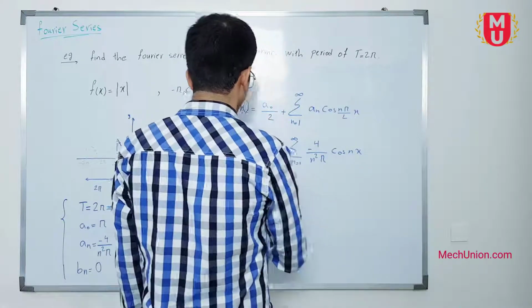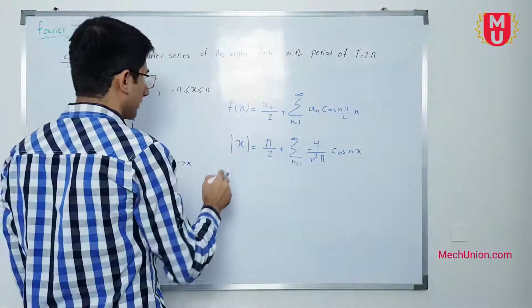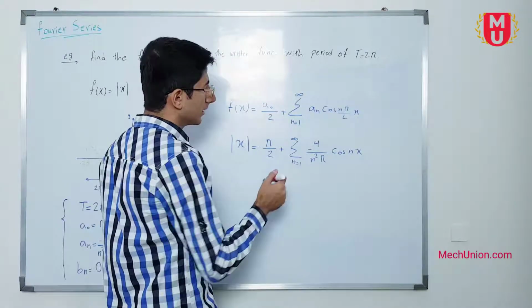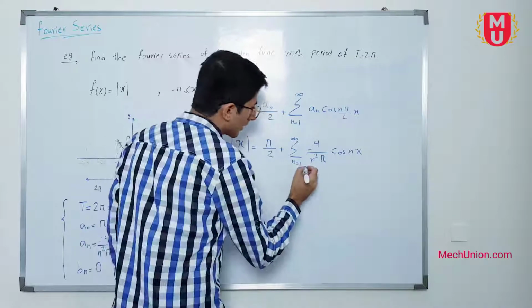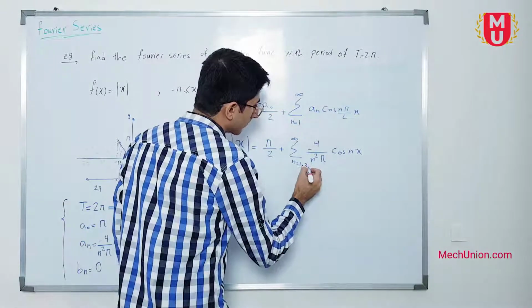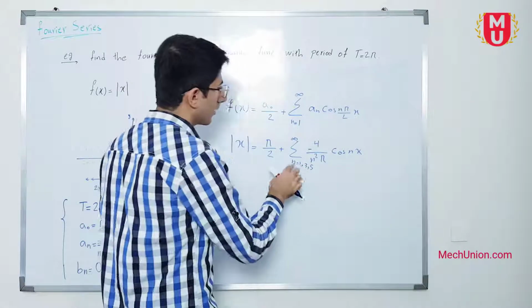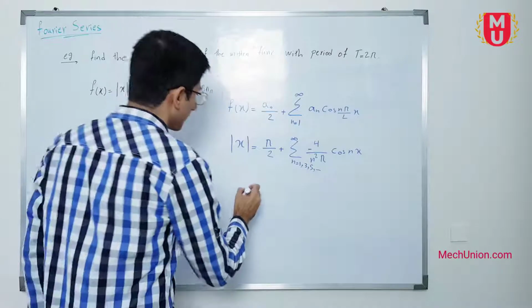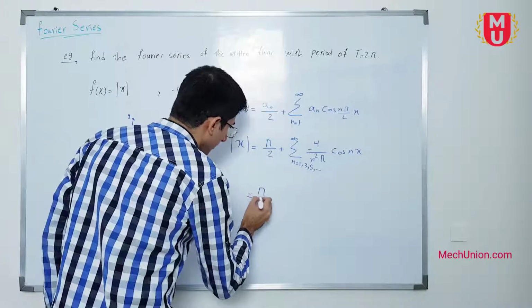That's our Fourier series of this function in this region. It is nonzero only when n is an odd number, which I have written lately. It is 1, 3, 5 and so on.